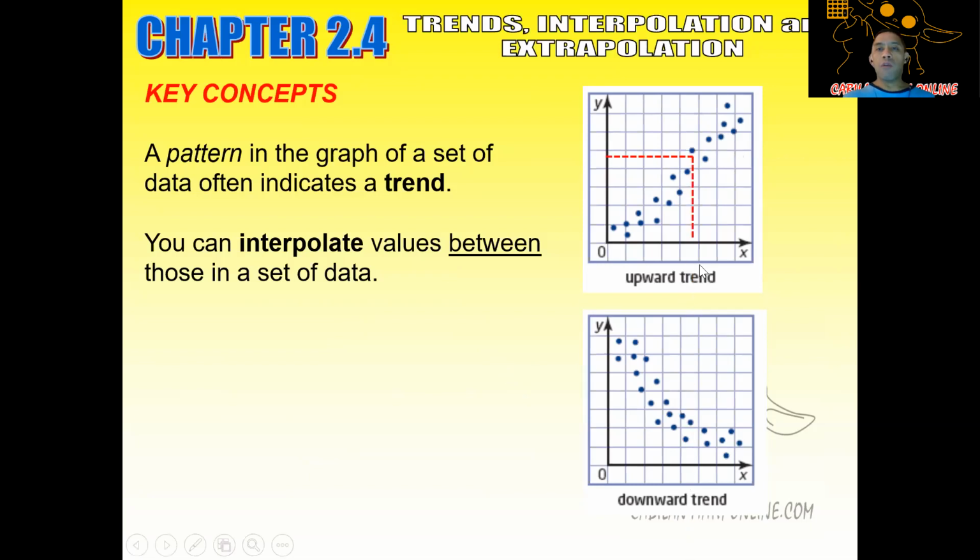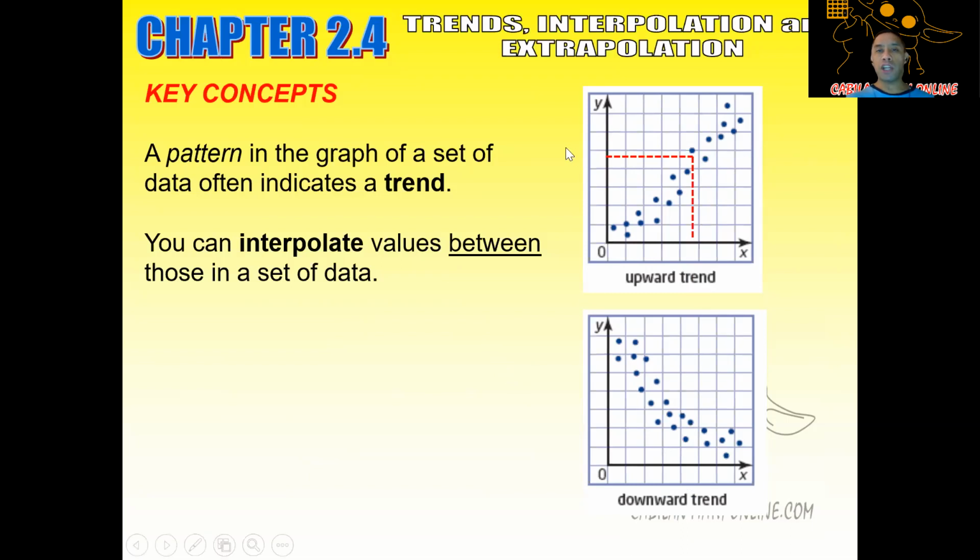So notice if I read on the x-axis over here and I want to figure out or guess what the value is on the y-axis, I would just have to read off this red line that I've drawn over here. So when I read off the x-axis, the corresponding y value would be the guess for that particular scenario.